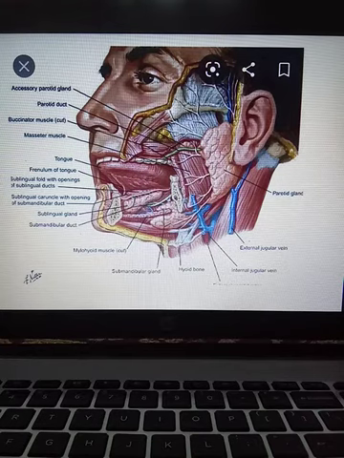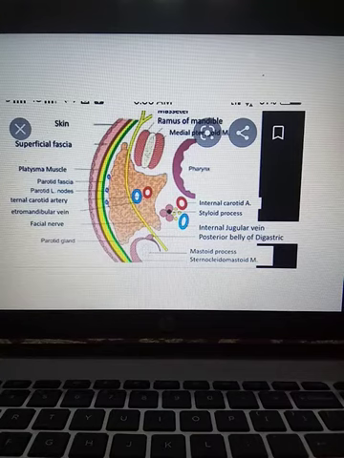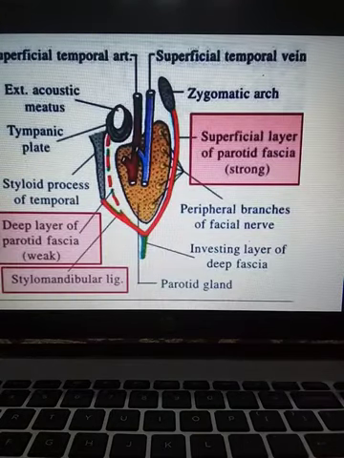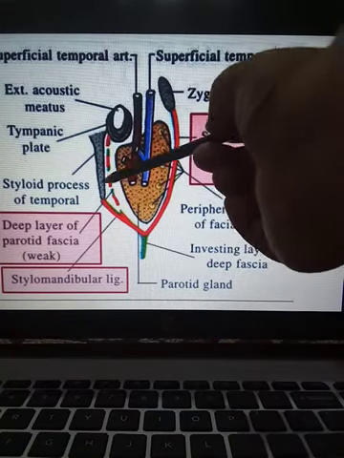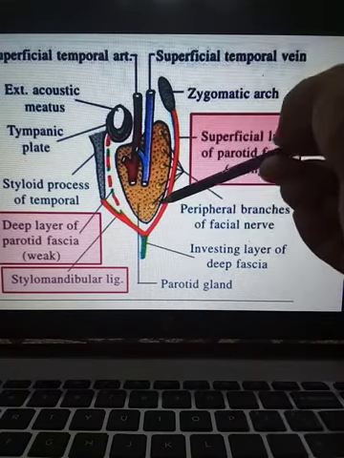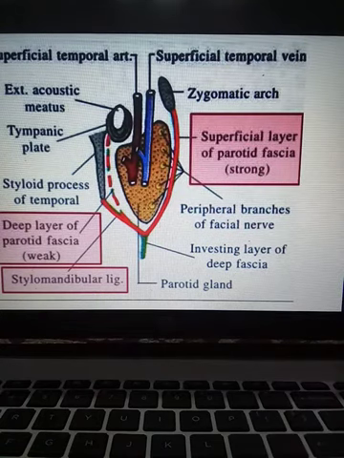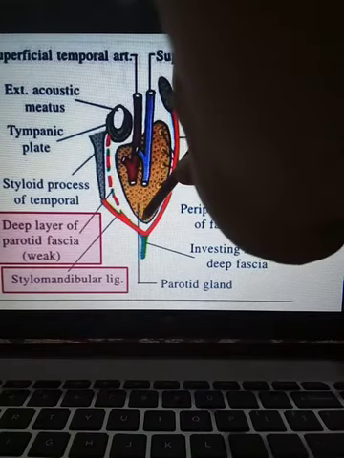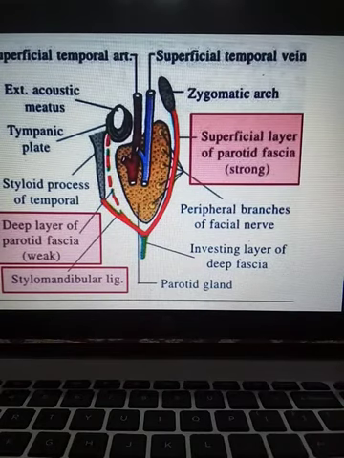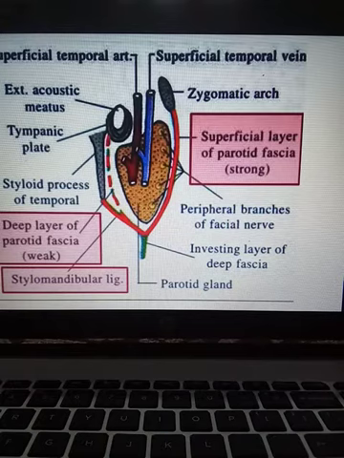After that comes the capsule of the parotid gland. This is the capsule of the parotid gland. You have studied the superficial fascia, then the deep cervical fascia.